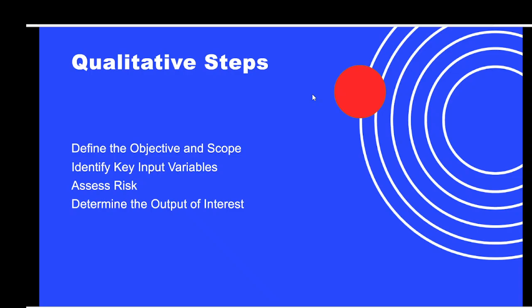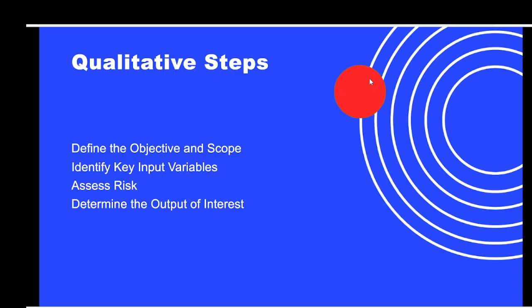So for qualitative steps, we use these steps to involve defining the scope and the key elements for the analysis without necessarily using numerical values.